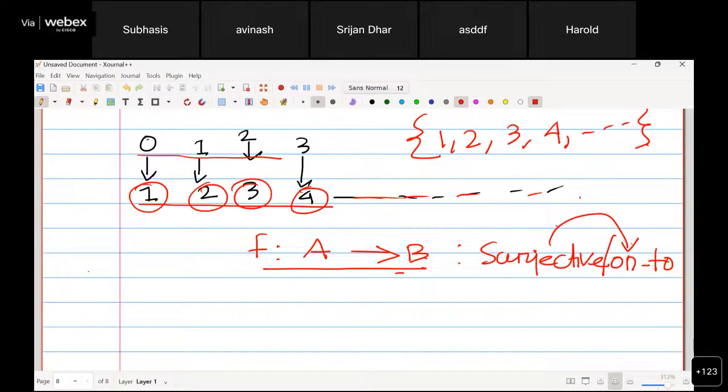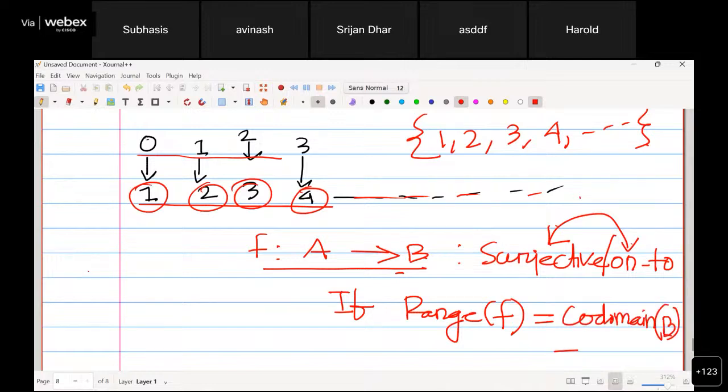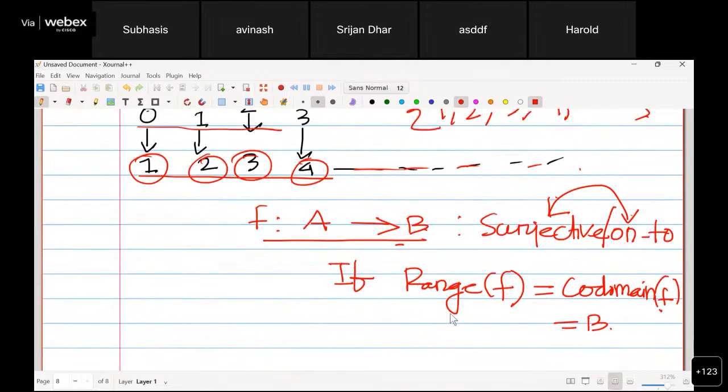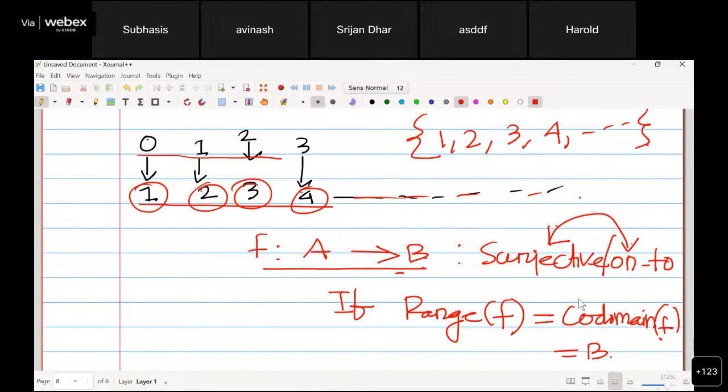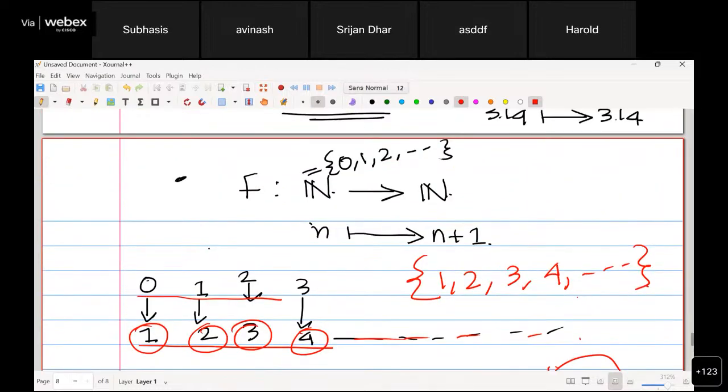If the range of the function is the same as the codomain of the function, where the codomain is basically B, then you say that the function is onto. So whether this function is onto?